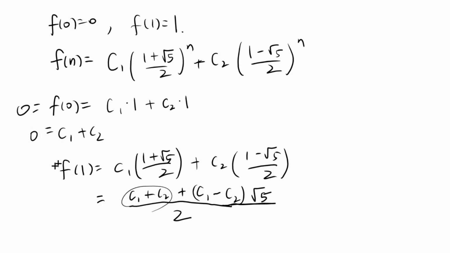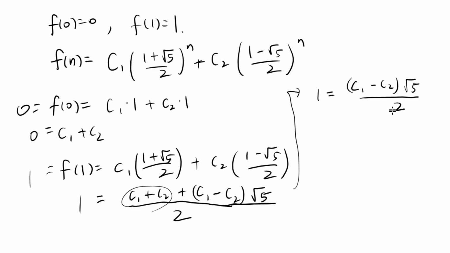And because f of 1 is equal to 1, this has to equal 1. So here's what we have. We have the equation that 1 has to equal (c1 minus c2) times radical 5 over 2, multiply by 2, and then divide by square root of 5, you get c1 minus c2 equals 2 over square root of 5.